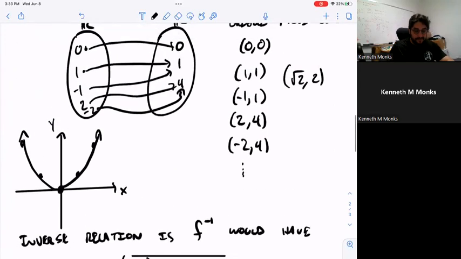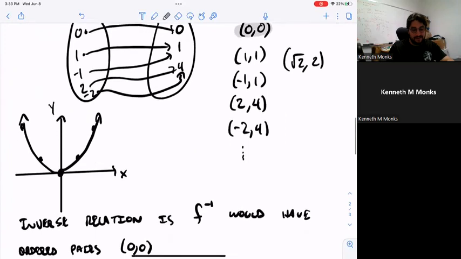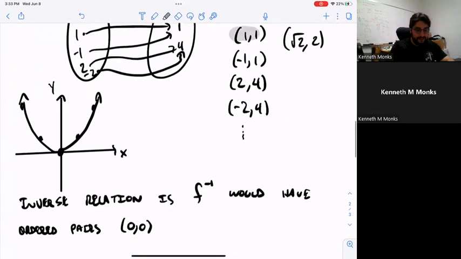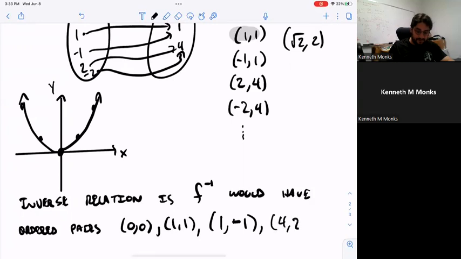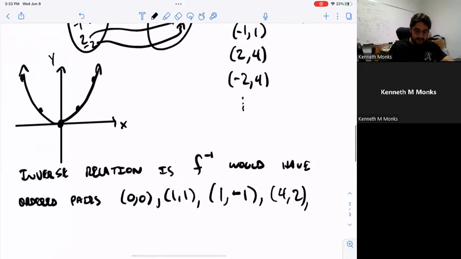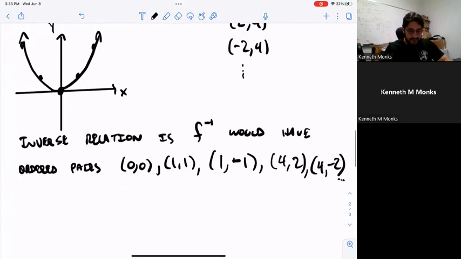That one stays the same, because when I reverse the coordinates on 0, 0, you can't tell I did it. And 1, 1 would also stay the same. But then -1, 1 would switch to 1, -1, and 2, 4 would switch to 4, 2. And -2, 4 would switch to 4, -2, and so on. So you can kind of see what this relation is.